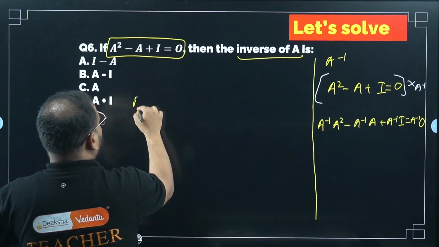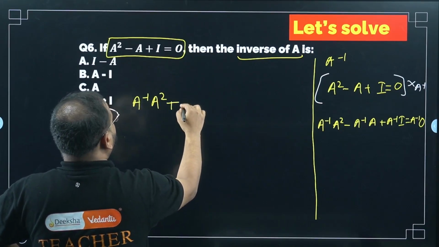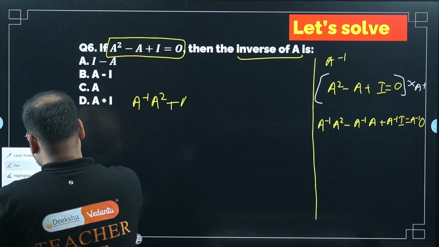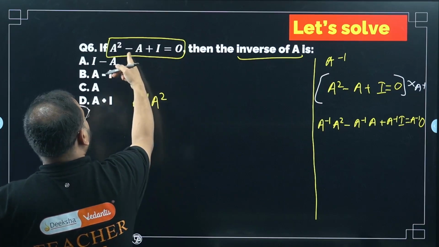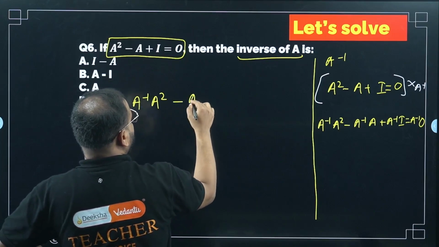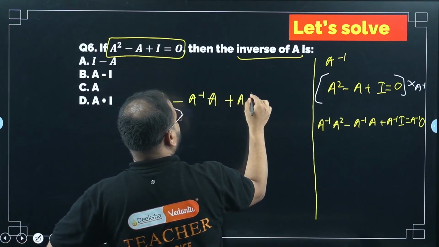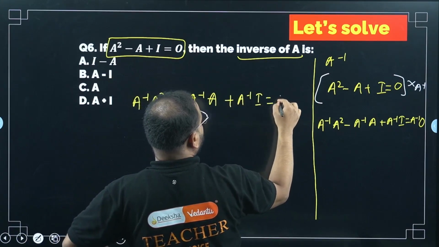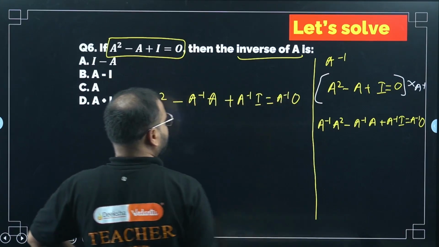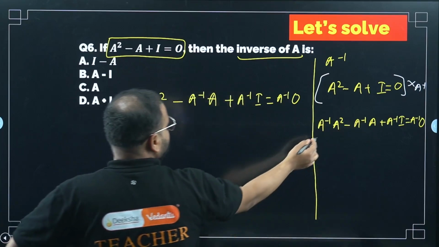A inverse A square, sorry, not plus, minus sign, since it's given minus here. So minus A inverse A plus A inverse I equal to A inverse null matrix. Same thing I've written here.